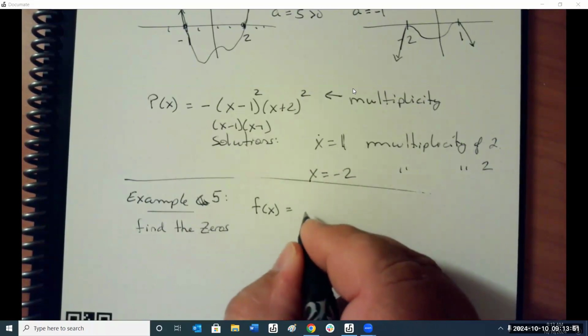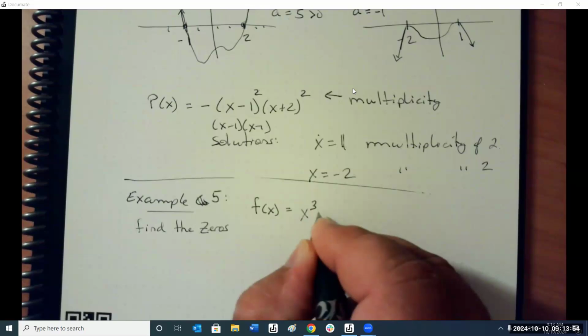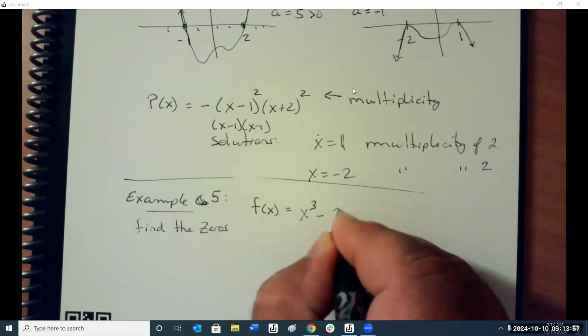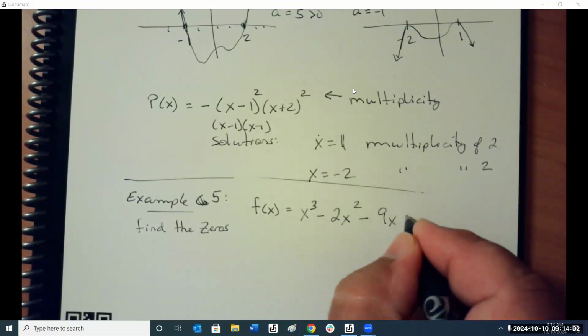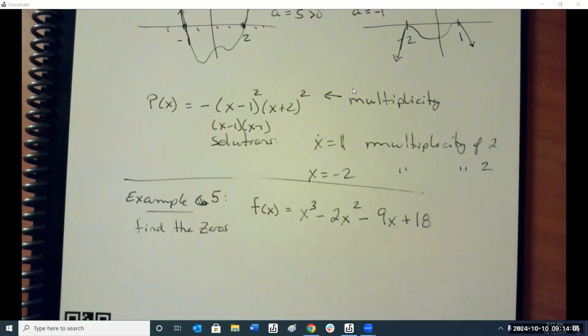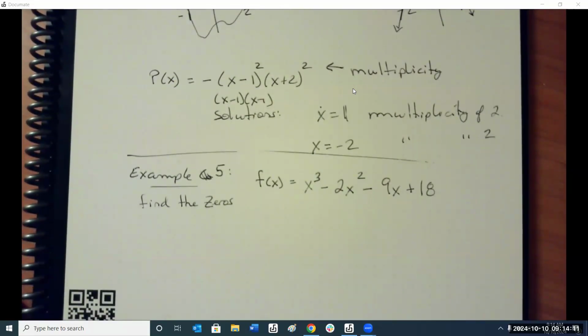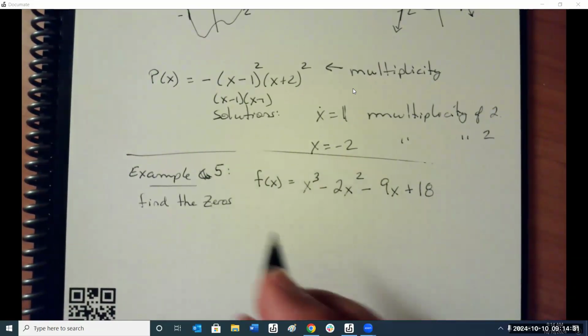F of x equals x cubed minus 2x squared minus 9x plus 18. We've talked about linear equations and quadratic equations, with 2 and 3 terms, but what if we have 4 terms? If we have 4 or more terms, so we have 4 terms.